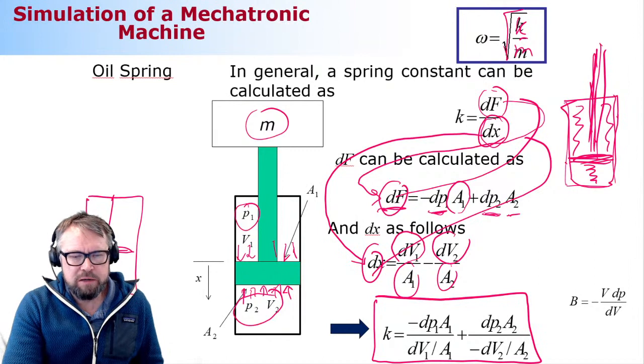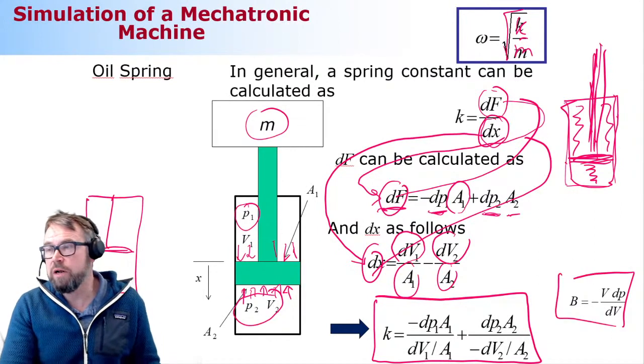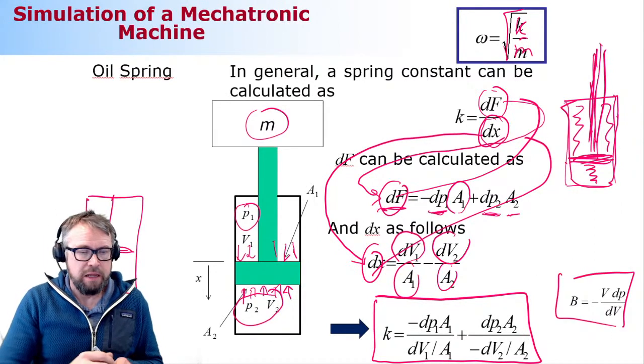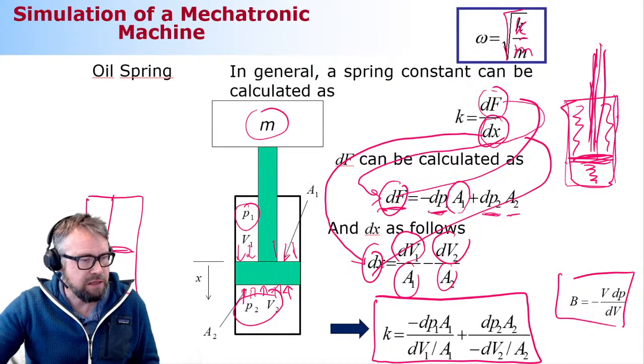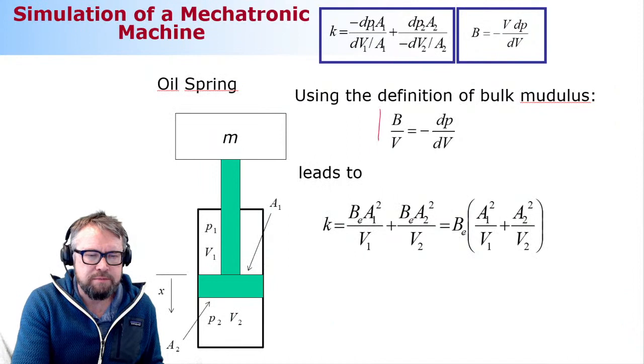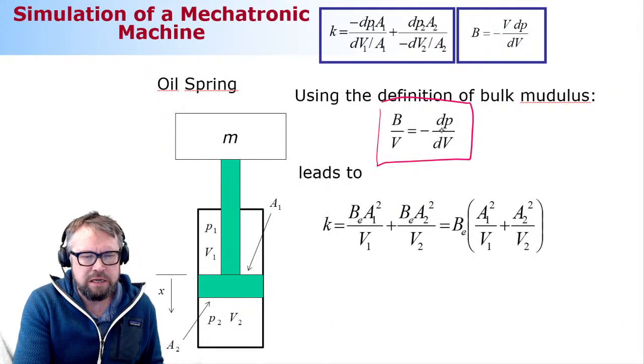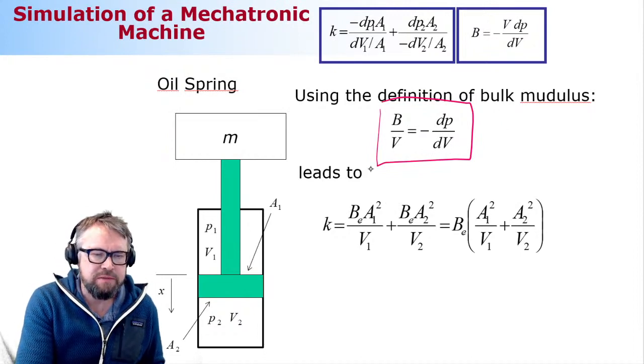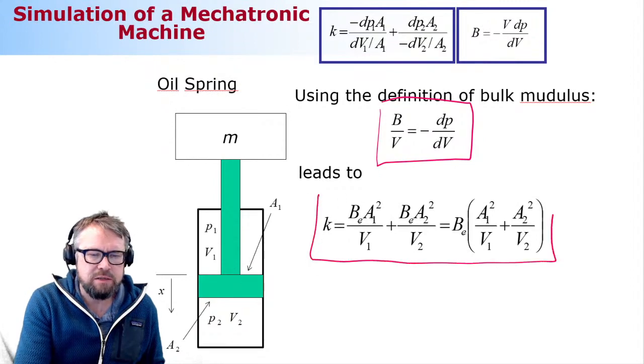Then we use the definition of bulk modulus, the one we learned last week. Using that definition, we can relate the bulk modulus and the volume, such that there is the pressure difference and the volume difference. Now, using this information, the stiffness can finally be computed as shown here.